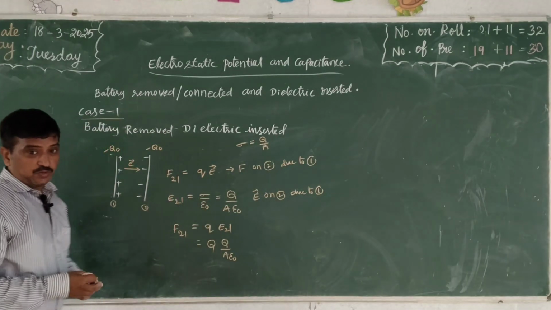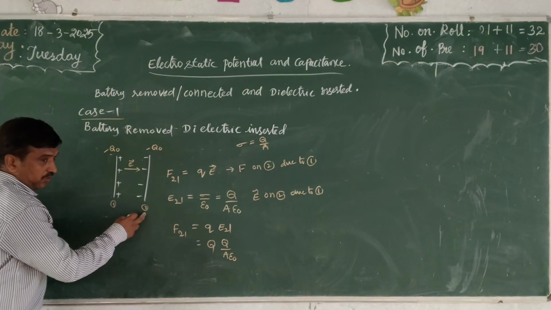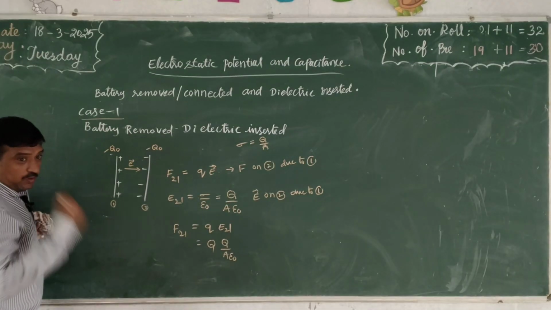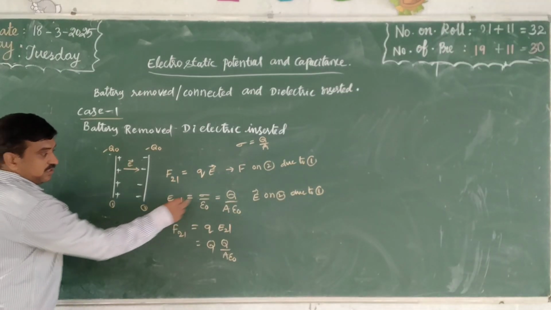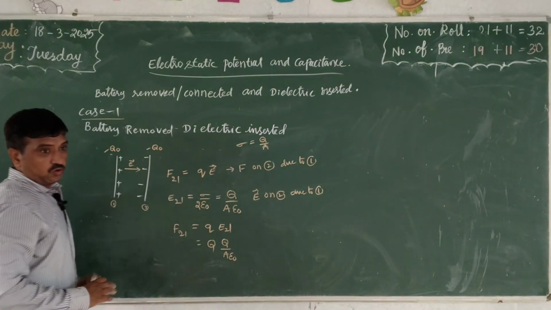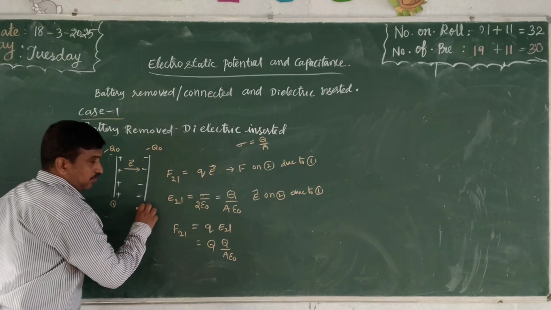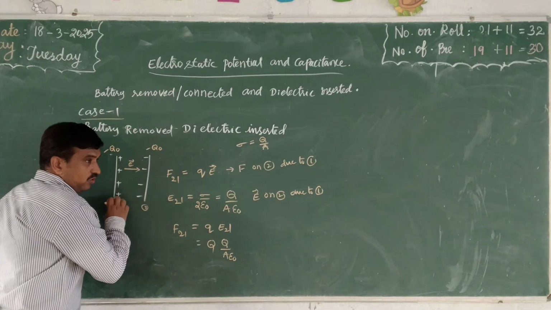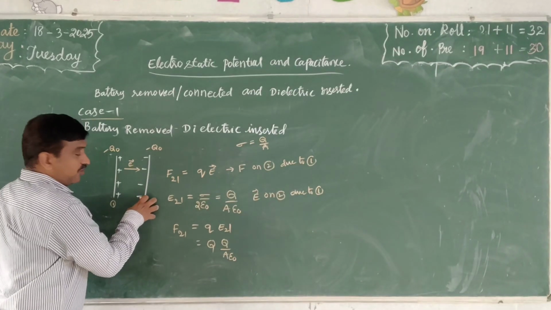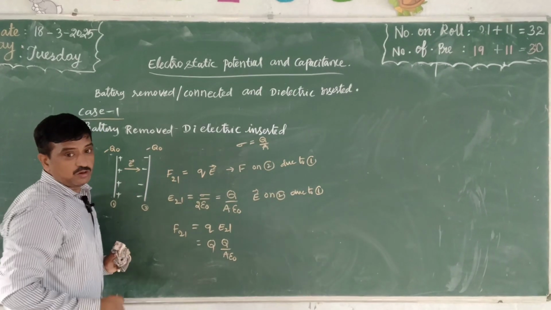Electric field on the second plate due to the first one means the electric field is acting on one plate only. For two plates it is sigma by epsilon naught; for a single plate it is sigma by 2 epsilon naught, not epsilon naught.